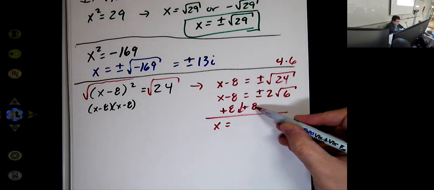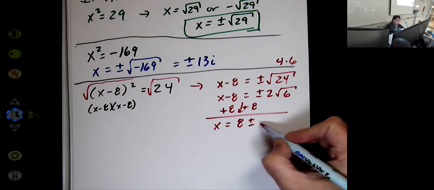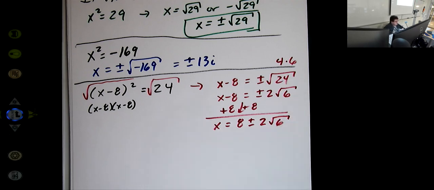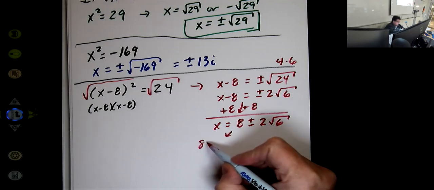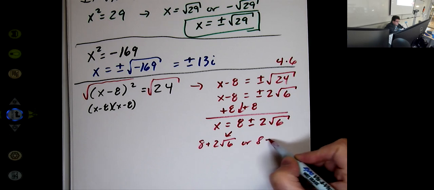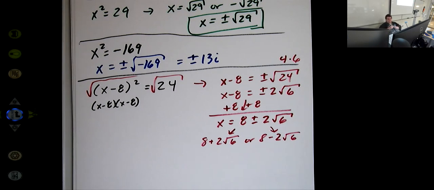The 8 doesn't have a root with it, so I can't combine it with this. The best I can do is say 8 plus or minus 2 square root of 6. And it's important to remember that this is two answers, 8 plus 2 root 6 or 8 minus 2 root 6. So don't forget what the plus or minus means.